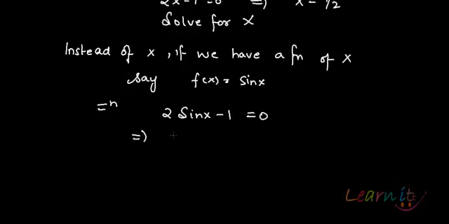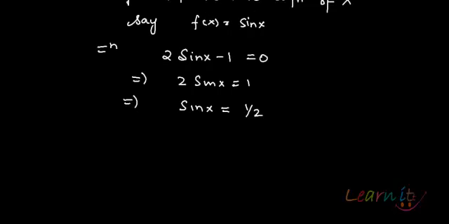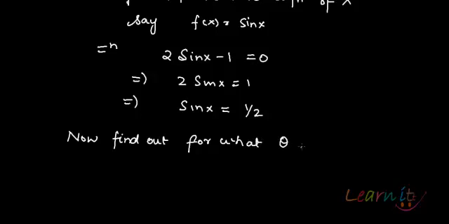So this implies that twice of sin x will equal 1, which implies that sin x will equal half. Now we find out for what theta is sin theta equals to half. For what theta is sin theta equals to half, and that will give me the answer.